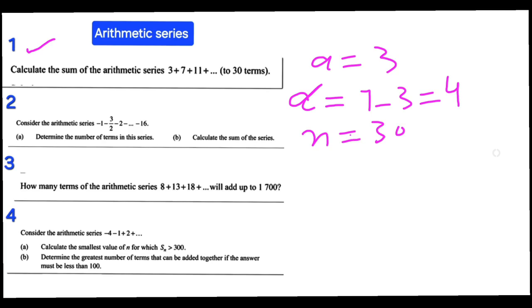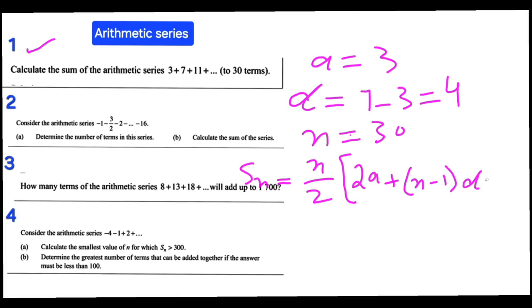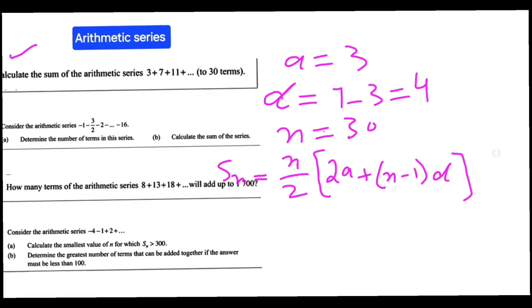So we use the sum formula for an arithmetic series, and the formula says Sn is equal to n over 2, big bracket, 2a plus (n minus 1)d, close bracket.